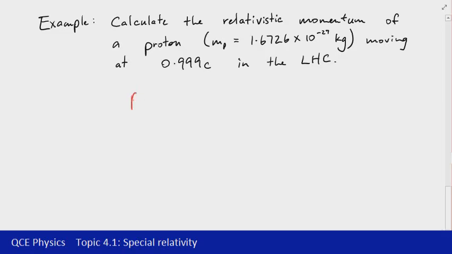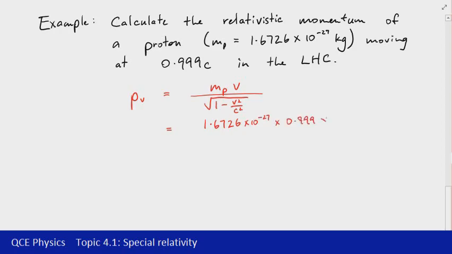So to calculate the relativistic momentum, all we need to do is just substitute into that equation. Note that I'm going to write m_p here because we're now dealing with the rest mass of a proton, and still divided by the square root of 1 minus v squared on c squared. So a couple of little things about this solution that we need to be aware of here as well. The first is that when you look at the velocity in the numerator, we need to consider that it's a fraction of the speed of light. So we can't just deal with 0.999 here.